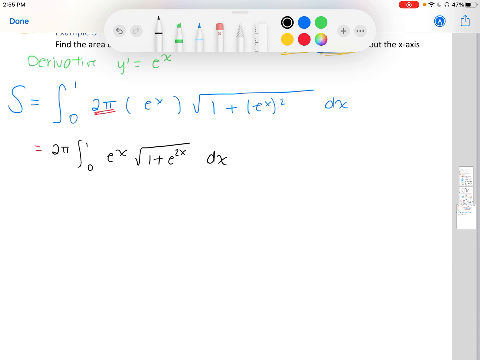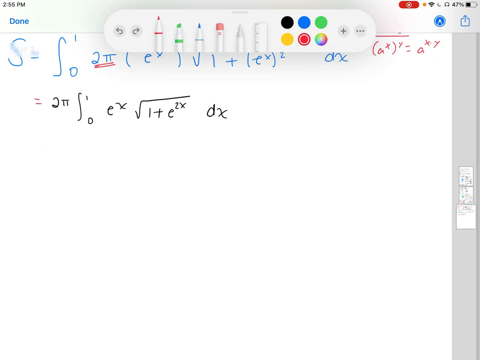In case you're wondering why it's e to the 2x, it's one of those exponent rules: a to the x to the y is the same as a to the x times y, so those simply multiply. We see here that u substitution will work really nicely, so let's start with u substitution.